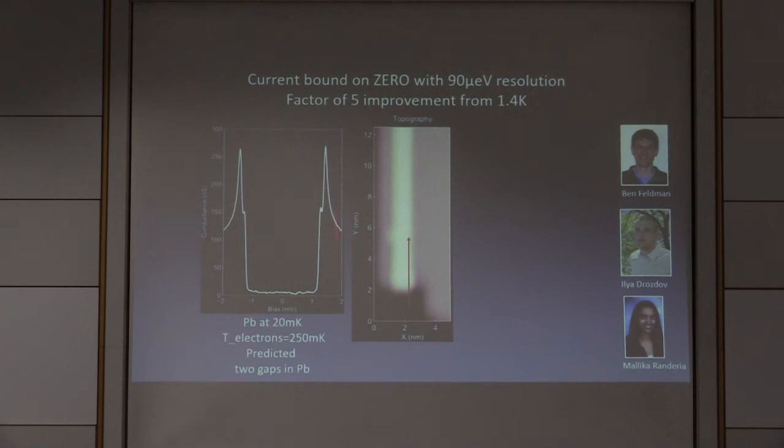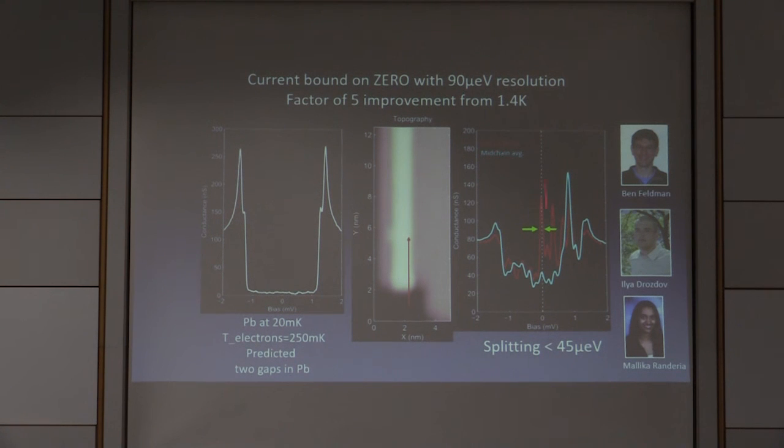Now they can resolve that the lead has 2 gaps, which is known because it has 2 Fermi surfaces. If you repeat this experiment, doing spectroscopy at the end of the chain and in the middle of the chain, they still see at the end of the chain a zero bias peak, which is largely suppressed in the middle of the chain.